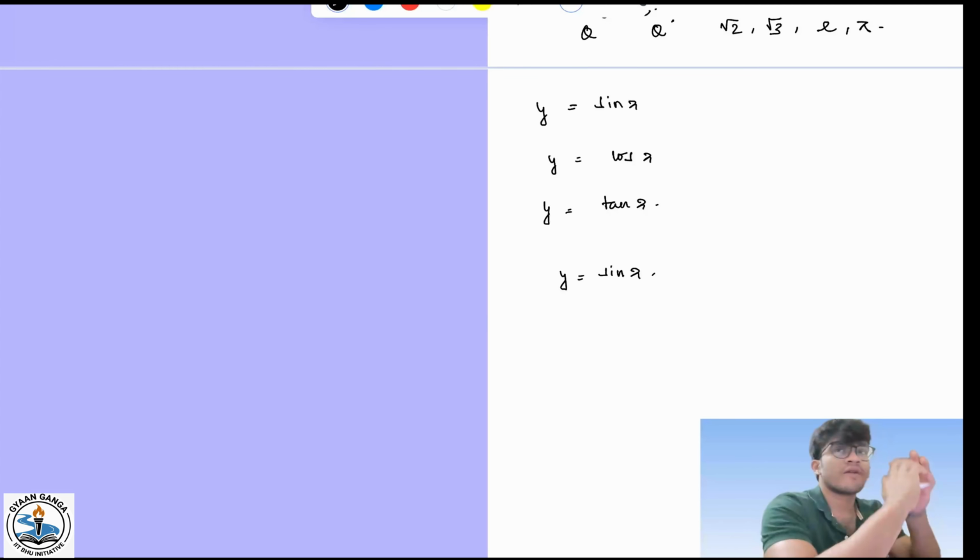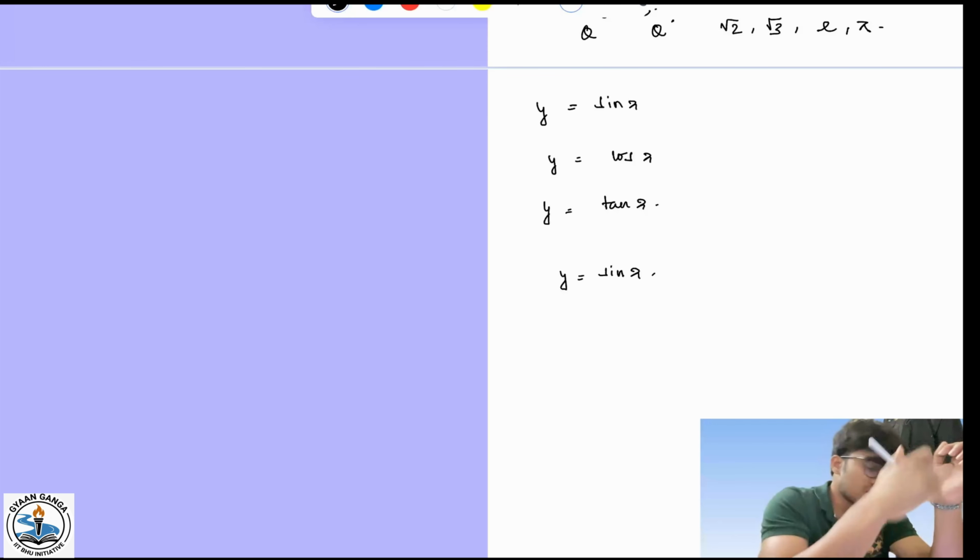Now, how do we define the trigonometric functions? Because there's possibly no triangle that is associated to it, or rather, it is possible that there are different triangles for which one of the angles is x.